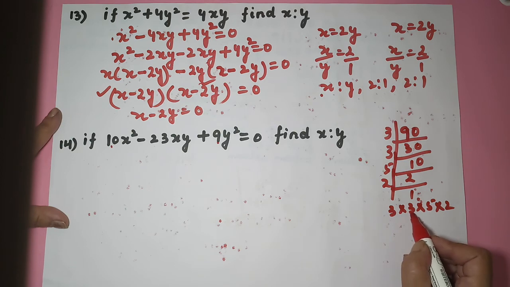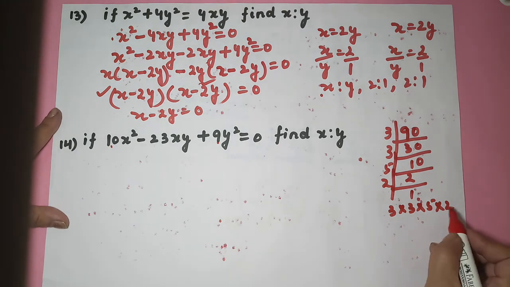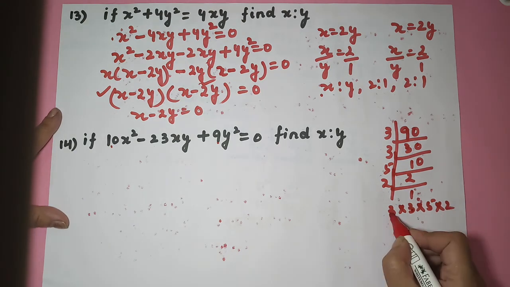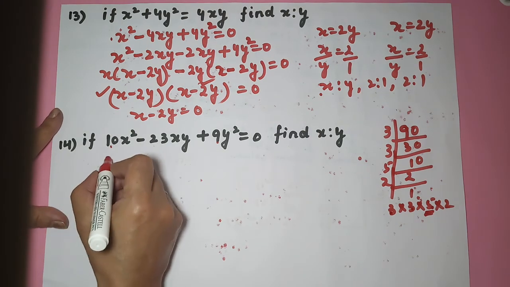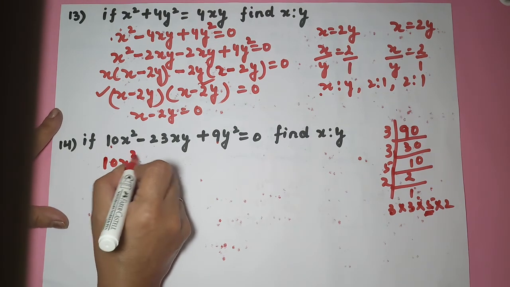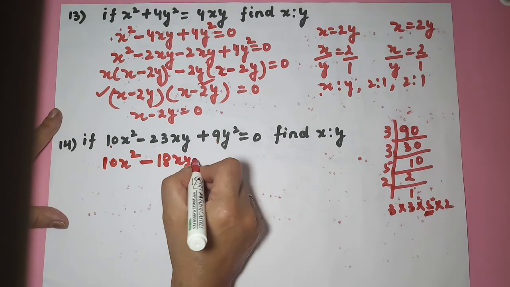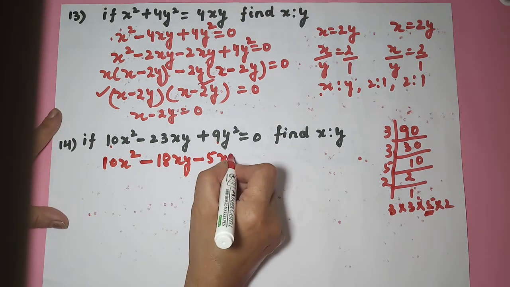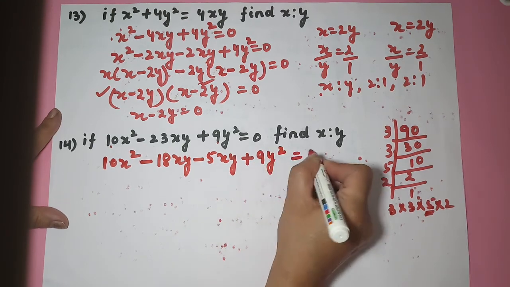So 3 3s are 9 and 10. 9 and 10, no way they will become 23. So 2 3s are 6, 6 3s are 18. 18 and 5. Yes, 18 and 5 is 23. So we can write this as 10x square minus 18xy and minus 5xy plus 9y square equal to 0.